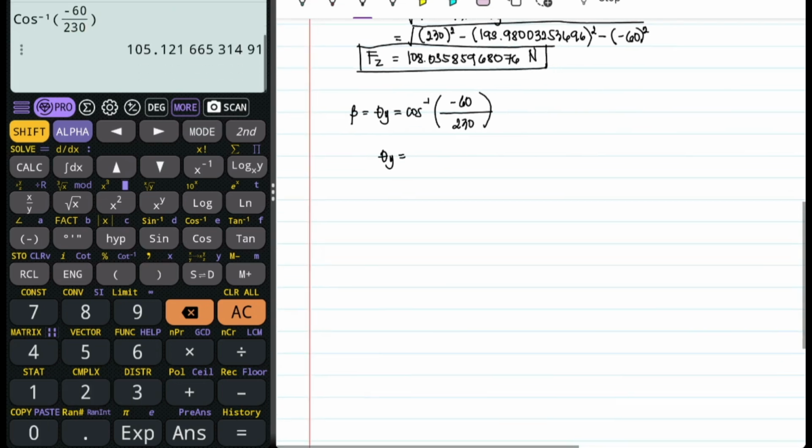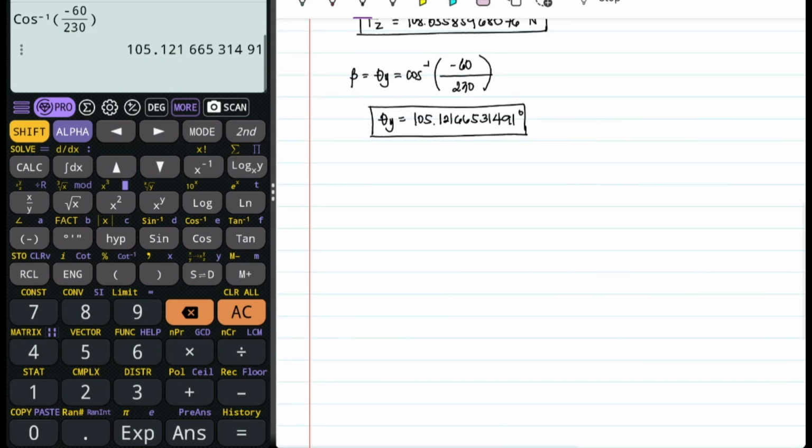The calculated value would be 105.12166531491 degrees. So it is indeed greater than 90 degrees, since the value of f sub y is less than 0, going to the negative side of the y-axis.